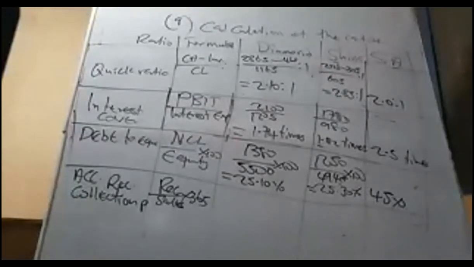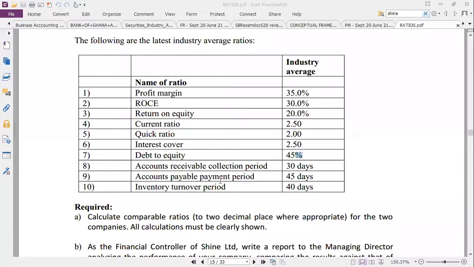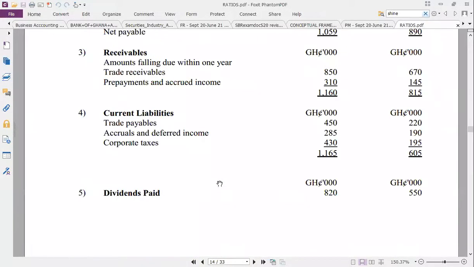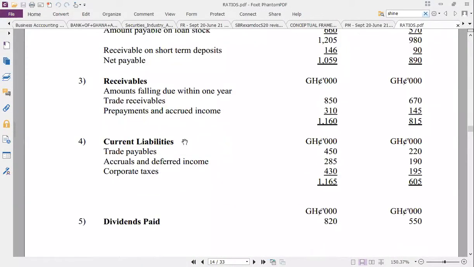Is it like that? Let's go to receivable. They provided notes. If you check the receivable here, trade receivables and prepayments, here you have to use the trade receivables, 850.